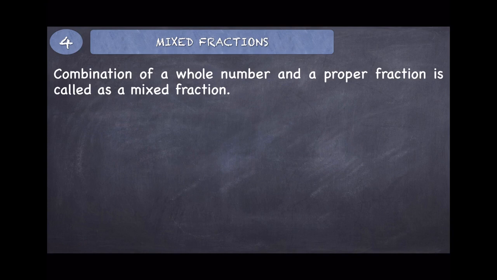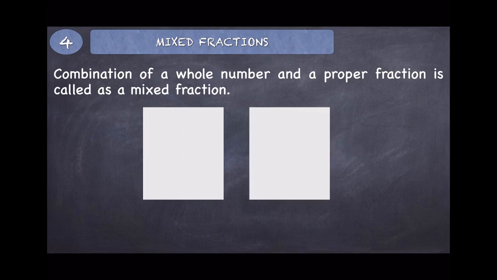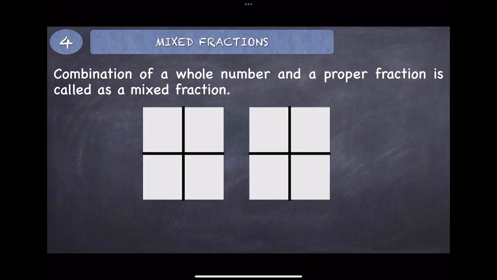Let us take up the same example again and let us see how to express 5 by 4 as a mixed fraction. So we have 2 full sheets of paper. Each of them is divided into 4 equal parts. In the first sheet, if we shade all the 4 parts, then the fraction would be 4 by 4.